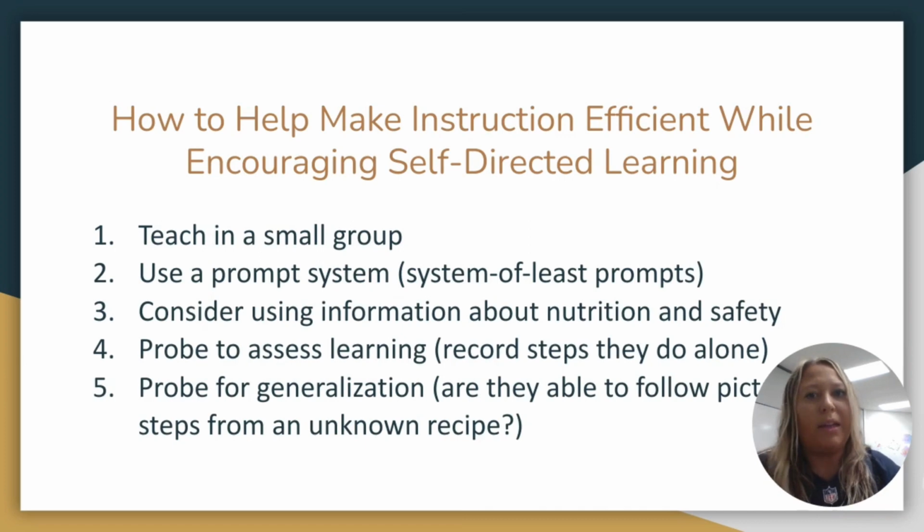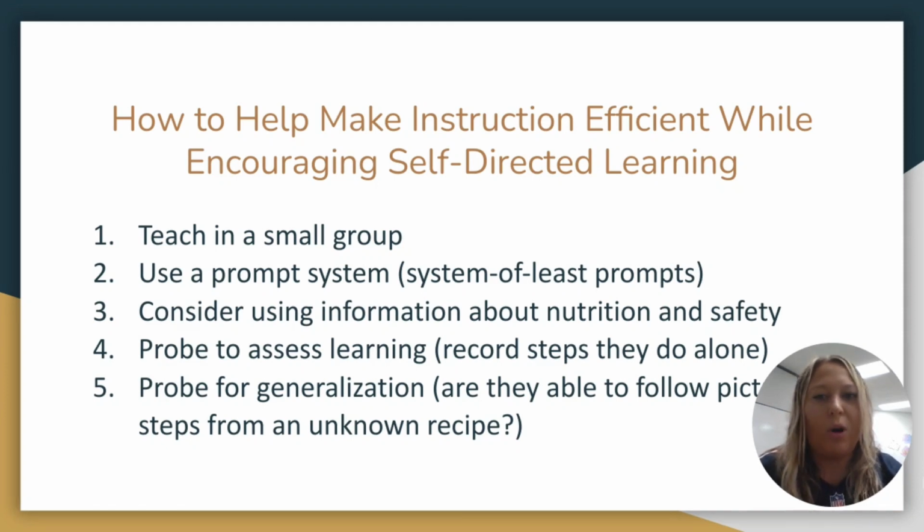How to help make instruction efficient while encouraging self-directed learning. It's important that we make more of a smaller group when teaching the skills. And it is also important that we use systems or prompts to help them. Another thing is to consider using information about nutrition and safety.